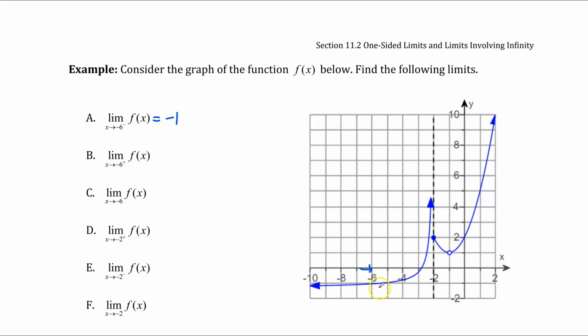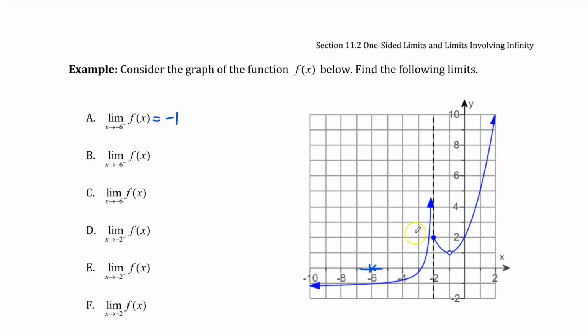Now for the right-hand limit, the x's are coming from the right side of negative 6. You get the corresponding y value, and the values of the function f of x would go closer to this point here, or approach this point here, which is negative 1.